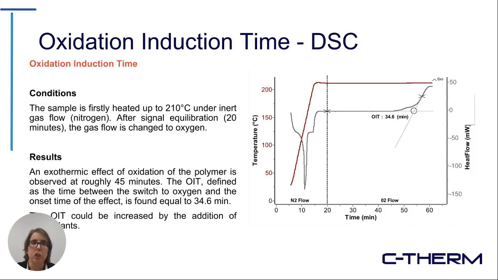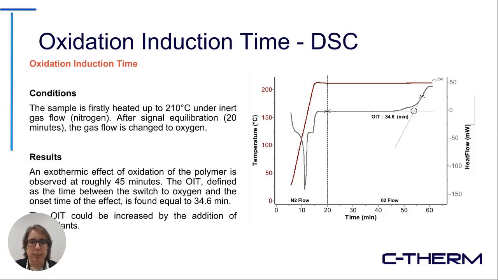So for example, if you're looking at the oxidation induction time, as you can see on the right-hand side of this curve, when you're measuring oxidation induction time, you'll heat up to a target temperature, in this case 210 degrees Celsius, under an inert gas flow, and then you let the calorimeter equilibrate with the temperature point.